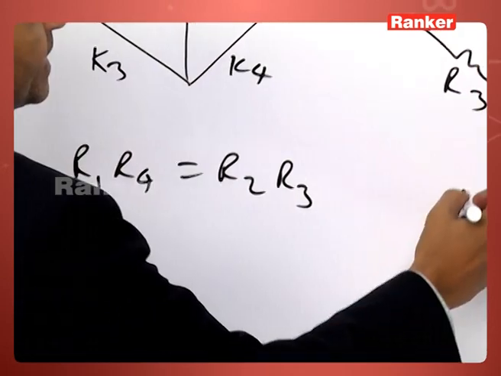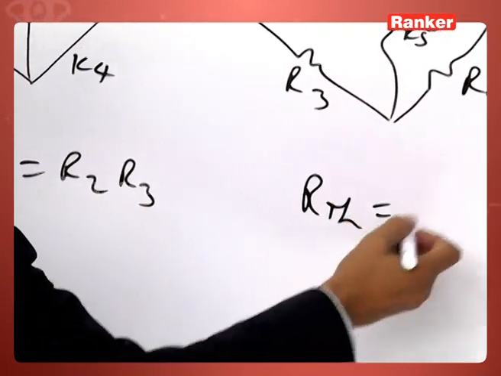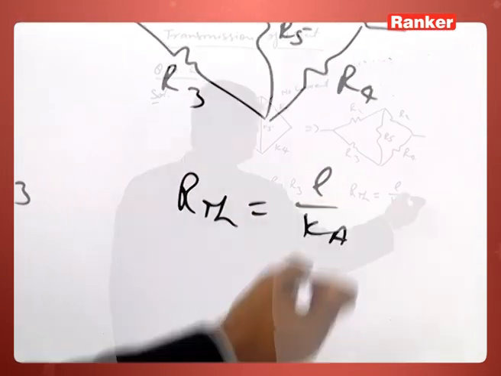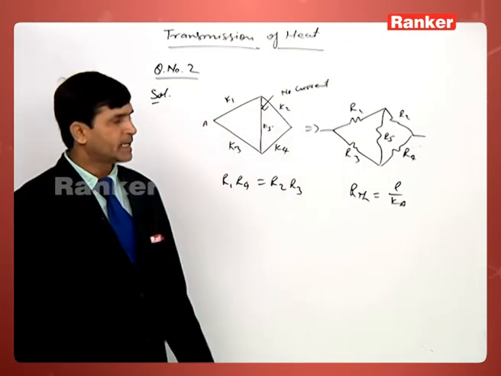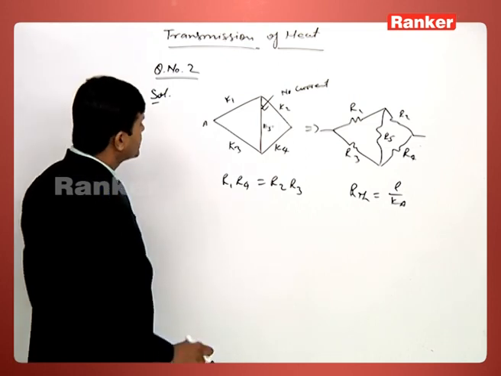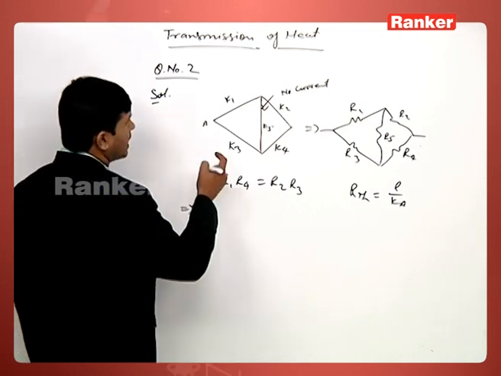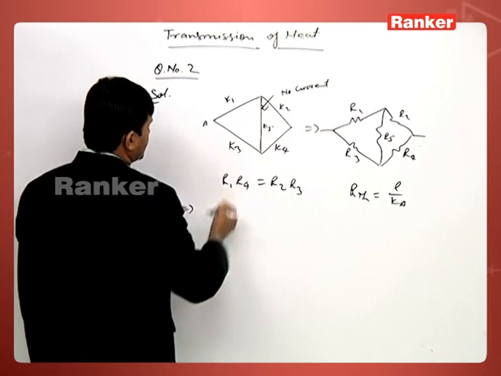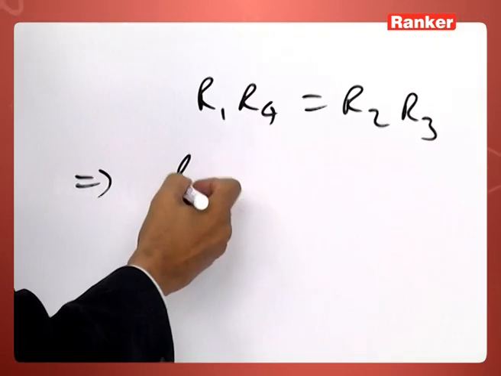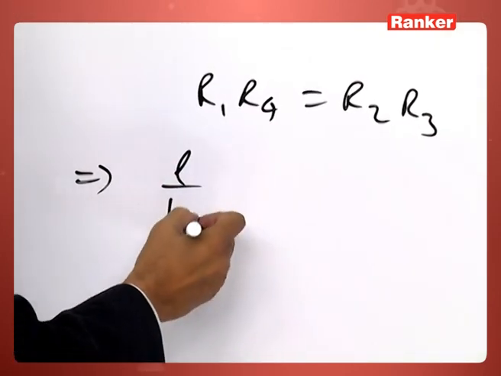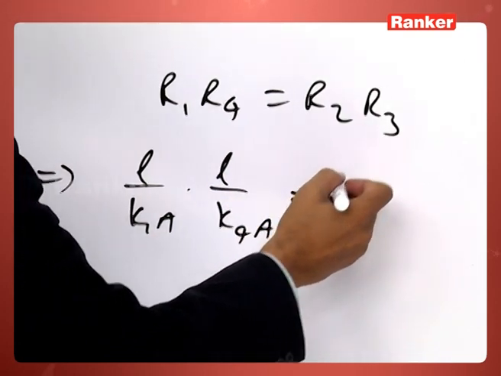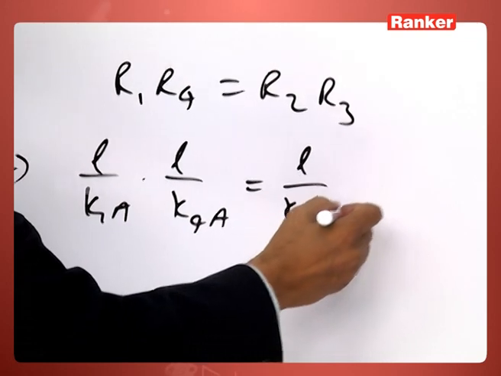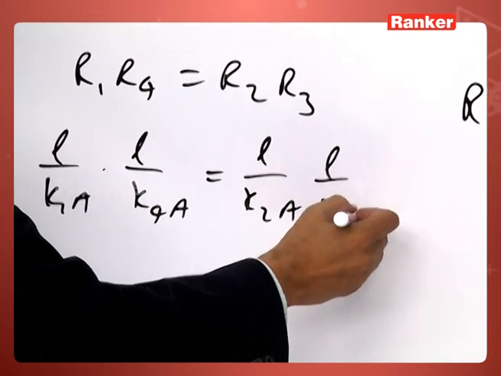R is the thermal resistance. R thermal is equal to L by KA. L and A are the dimensions. K is the thermal conductivity. All having the same dimension. So R1, the resistance of this, that has thermal conductivity K1, is L by K1A, this is L by K4A, this is L by K2A, and this is L by K3A.